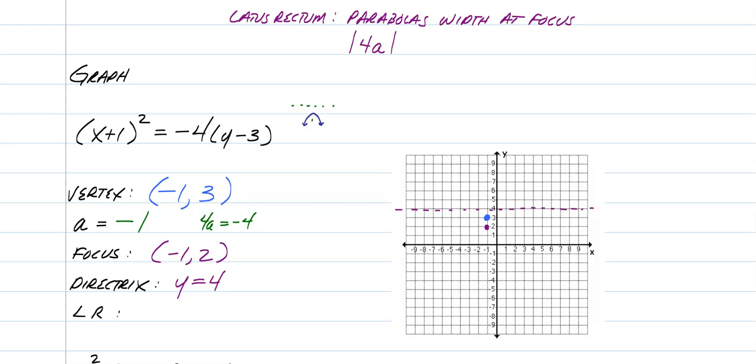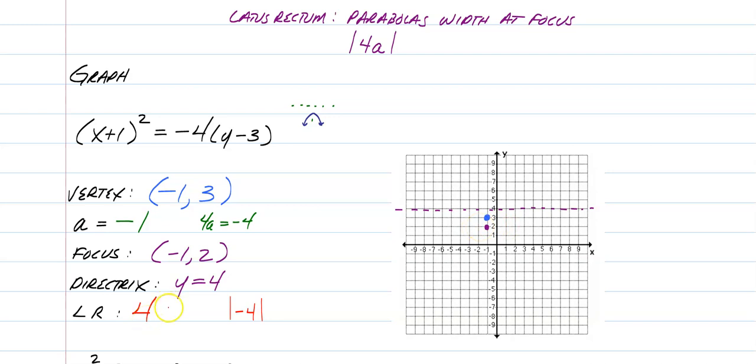Now your latus rectum, that's another new piece. This entire value is -4, but it's the absolute value of that. So your latus rectum is 4. That means the width of this parabola at your focal range is 4.